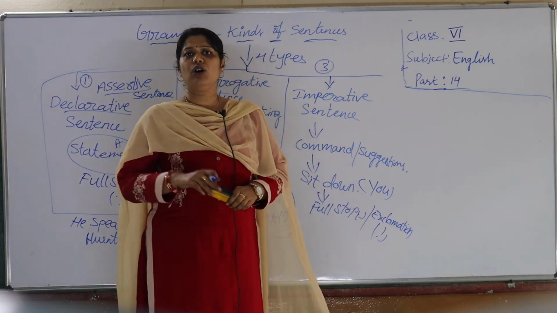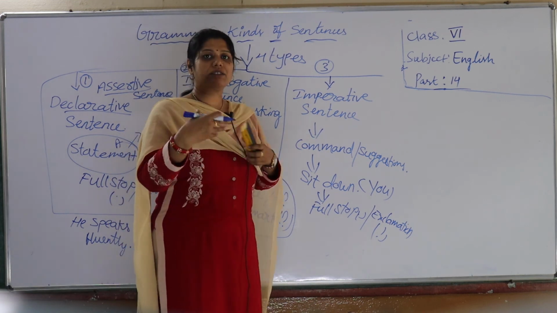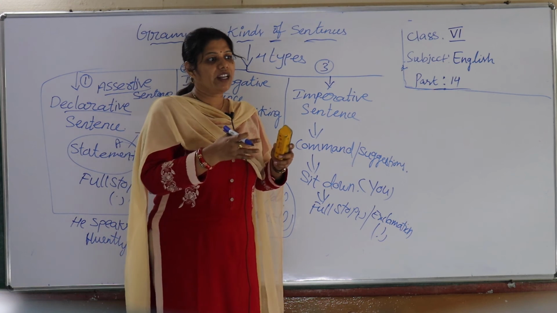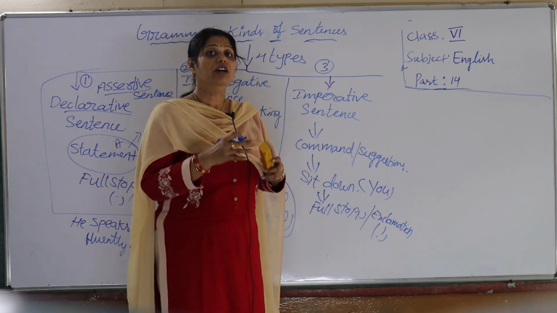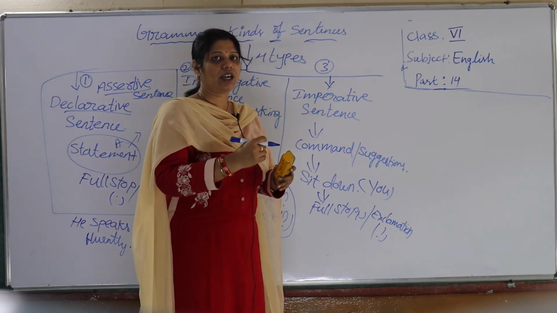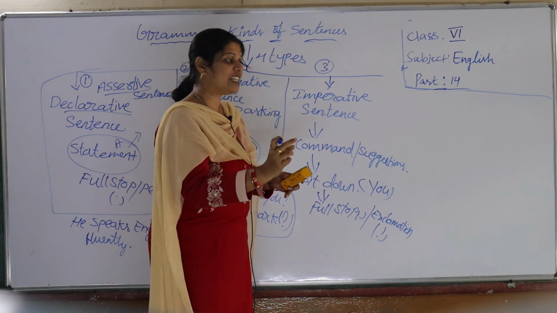Sit there, don't feed the dog with more biscuits. So where someone is saying to you, please bring me a glass of water. So when you say please bring me a glass of water, you understand that someone is saying to me to bring. Okay, so please you bring me a glass of water, where the subject is hidden.